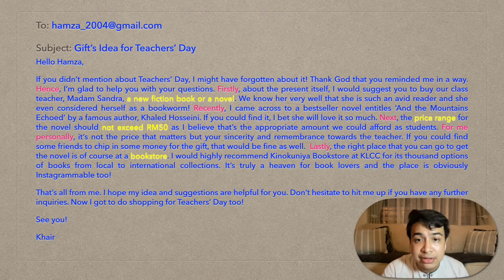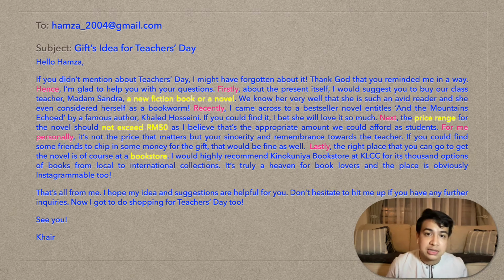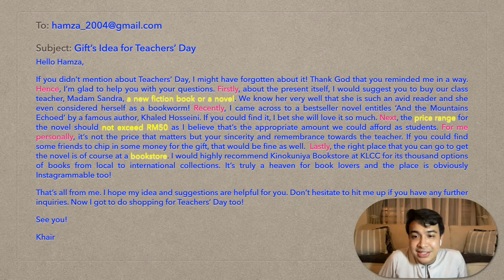So I would highly recommend Kinokuniya bookstore at KLCC for its thousand options of books from local to international collection. So this is the elaboration and also example. So you suggest a bookstore and you give example what bookstore that you recommend.